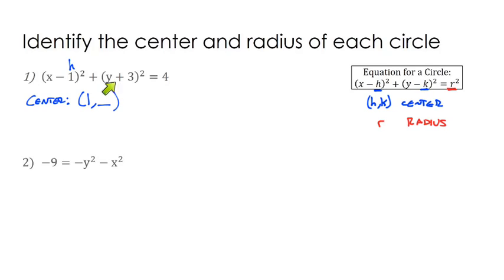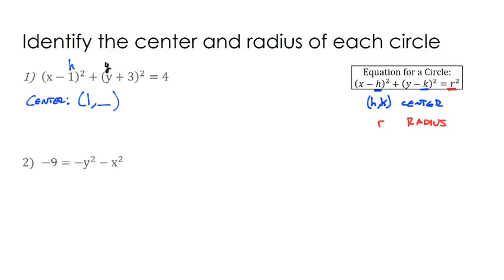Now here's where it gets a little bit tricky. If I look at my y-coordinate, it says y plus 3. And you might be tempted to say, okay, well that would mean that the y-coordinate is 3. But you've got to be careful here, because this is in the form of y plus k, but our formula has it in the form of y minus k. The idea here is that addition can be rewritten as subtraction.